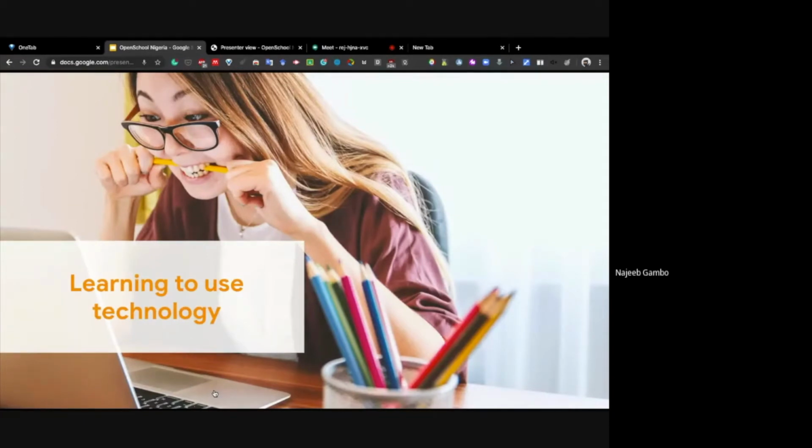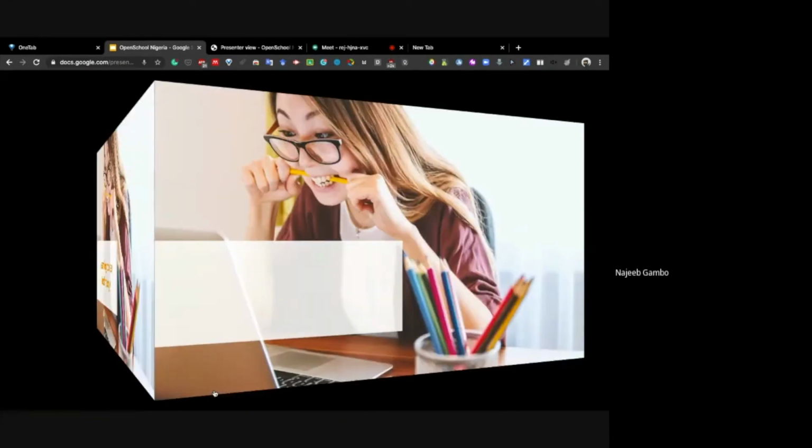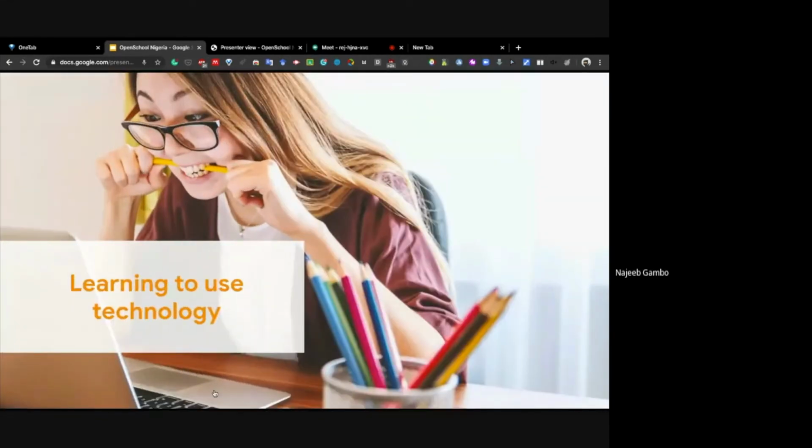So the first challenge, or the first thing we are going to do, is that one of the roles of the teachers is for them to learn to use the technology. It's one thing. Another thing that a teacher will have to do to teach successfully during this is using technology to teach. There are two different things. The first thing we said, you have to learn how to use the technology.